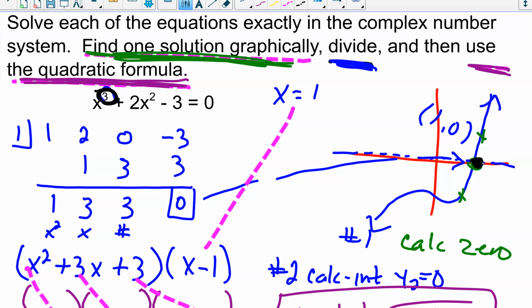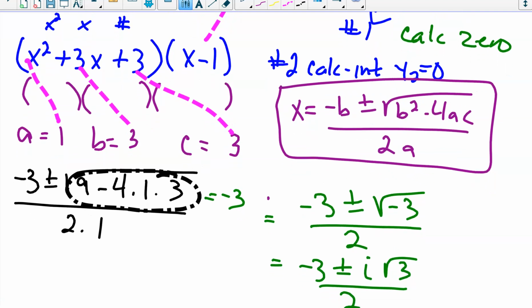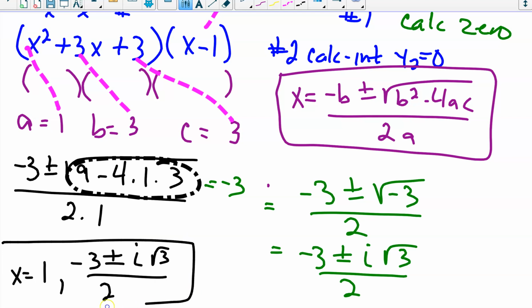So I have 1 real root and 2 non-real roots. And how I found them is I used the quadratic formula. So my final answer here ends up to be x equals my first root, which was 1, and these other 2, which is negative 3 plus or minus i, the square root of 3, all over 2. So this is my final 3 solutions to that equation.